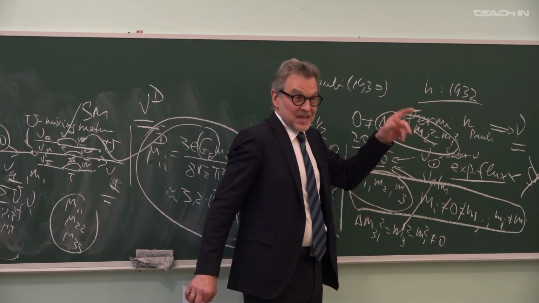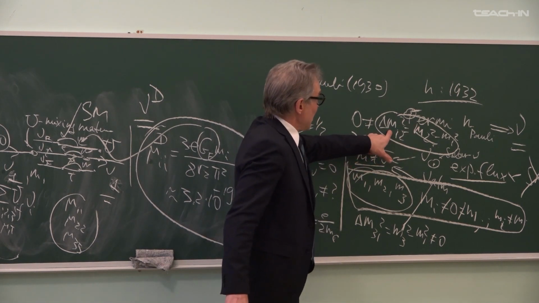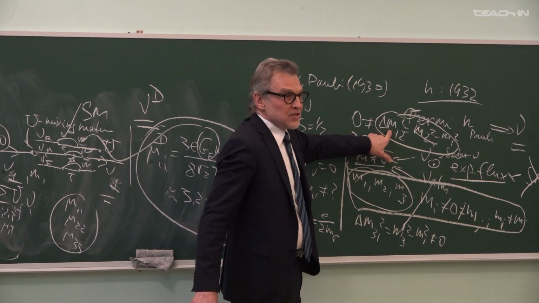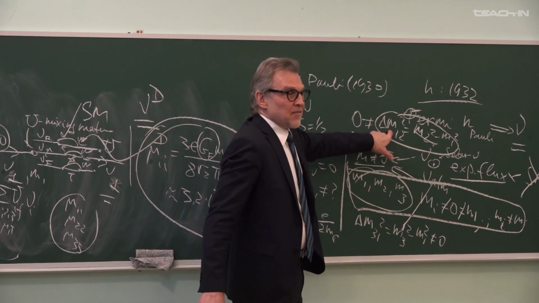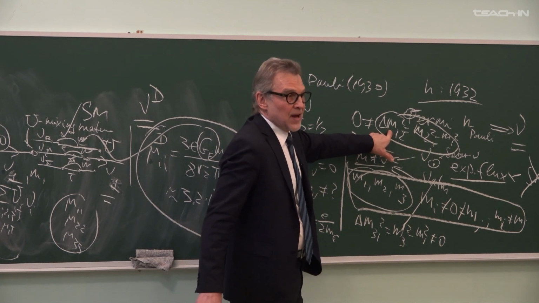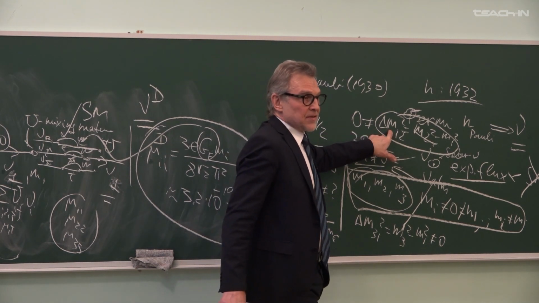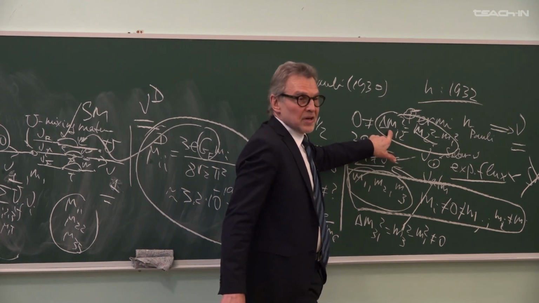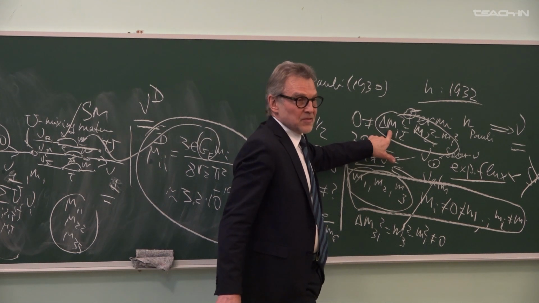Because in this case, the 2 mass squared differences would be equal to each other. And there is no chance to simultaneously explain the deficit of the electron component in the solar neutrino flux and the deficit of the muon neutrino flux in atmospheric neutrinos.